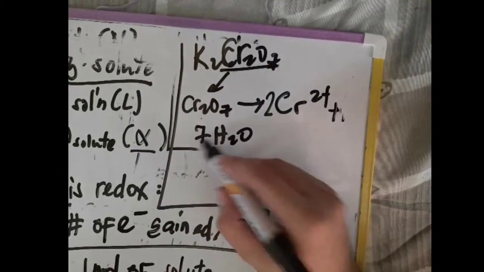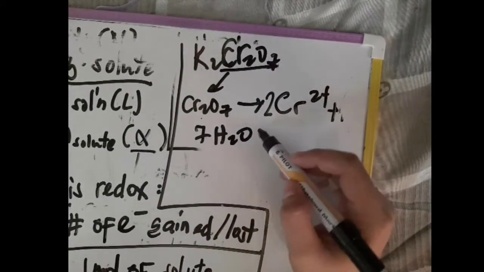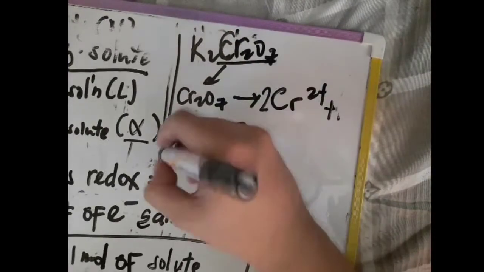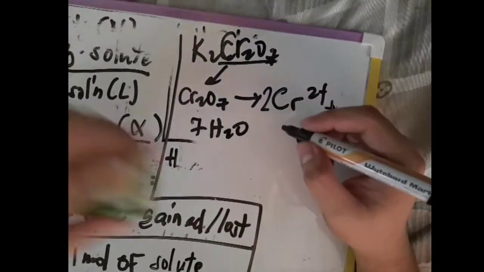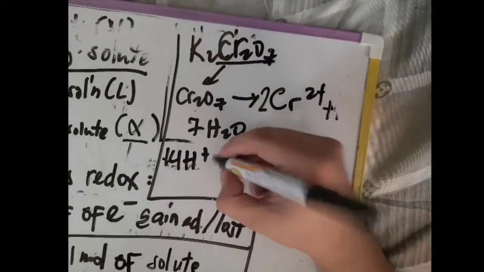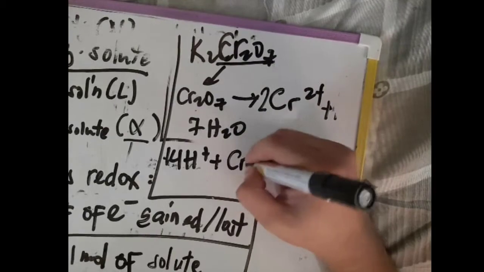Since 7 times 2, we have 14 hydrogens on the product side and 0 on the reactant side, we need to add 14 H plus here.